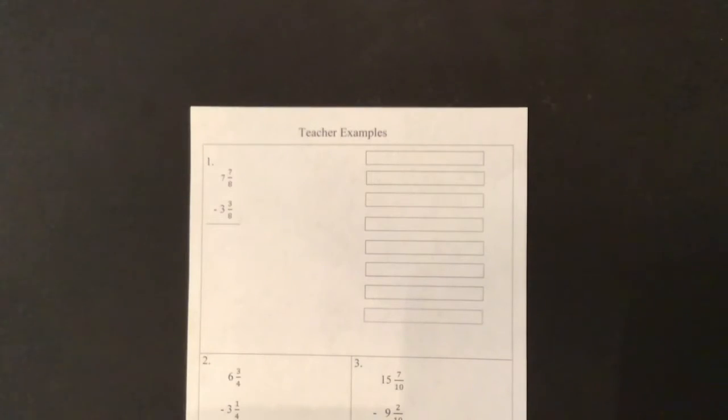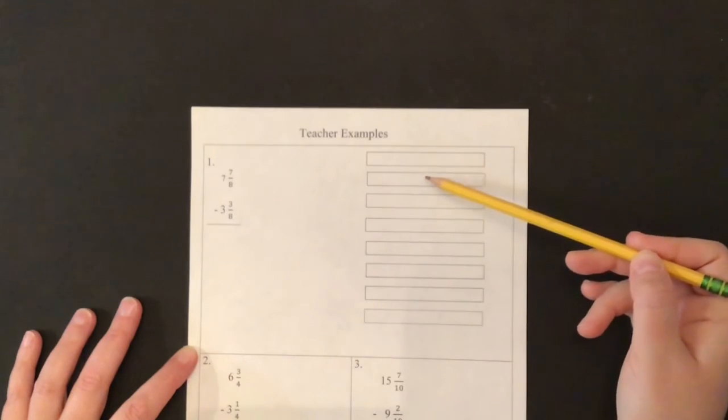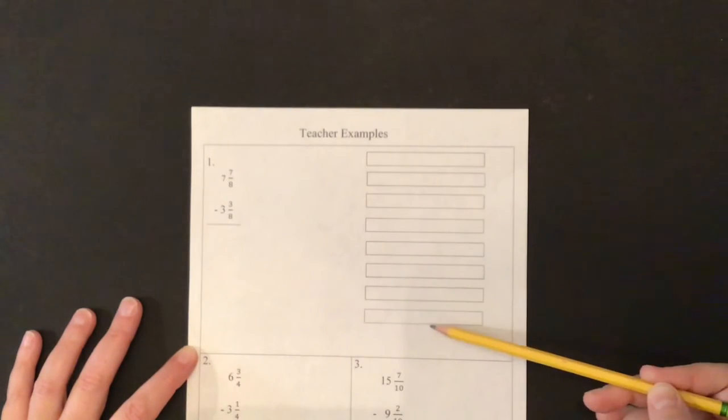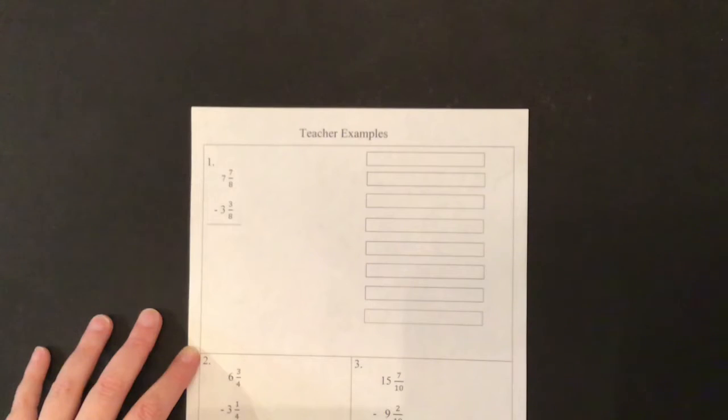So on your practice pages today, you have some problems with fraction bars that you can use for pictures, and then you also have some problems that you can solve without drawing a picture. Using fraction bars or drawing the picture does take a little bit of extra time, but they really help us understand how we're getting our answer.